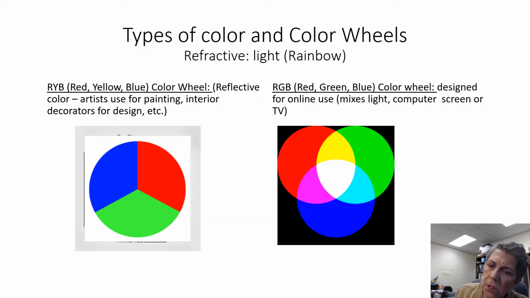Now color, there are several kinds. Number one, refractive color, an example of which is the rainbow, because color is actually in light, right? It takes a spectrum to break light down into that rainbow of color. And by the way, different species see more color than others.